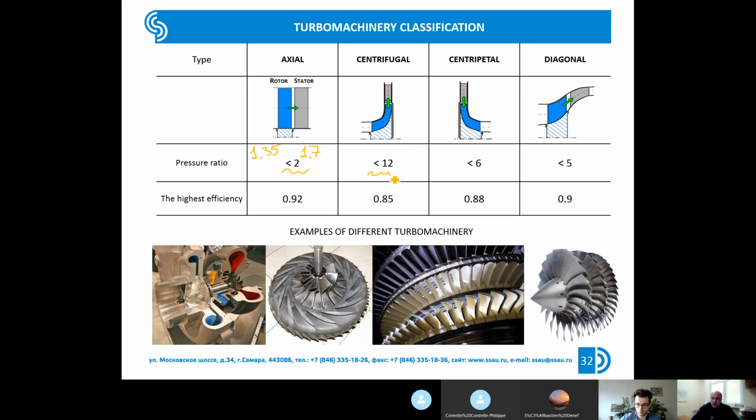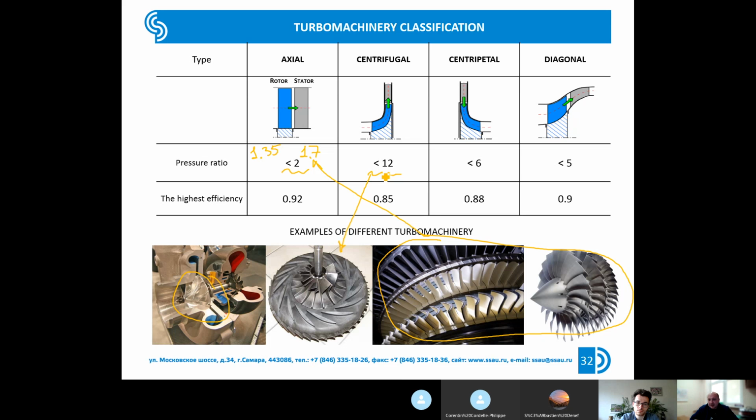The pressure ratio of one centrifugal stage. Below you could see an example of a centrifugal compressor, this one and this one, and of course I think you understand which are the axial stages. The typical pressure ratio of a centrifugal compressor stage is approximately 10. I found such values in some technical publications, and this is the value of future compressors.